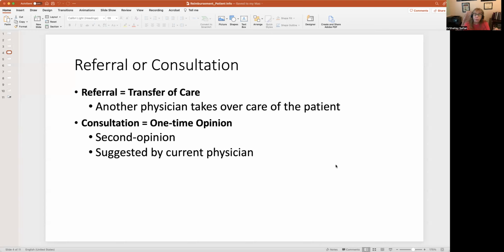All right. A consultation is a one-time opinion. Okay. So let's say the patient is seeing an oncologist. Oncologists specialize in the care of patients who have malignant neoplasms, cancer. Okay. So now this oncologist gets back the test results, maybe a biopsy, maybe blood work or whatever.